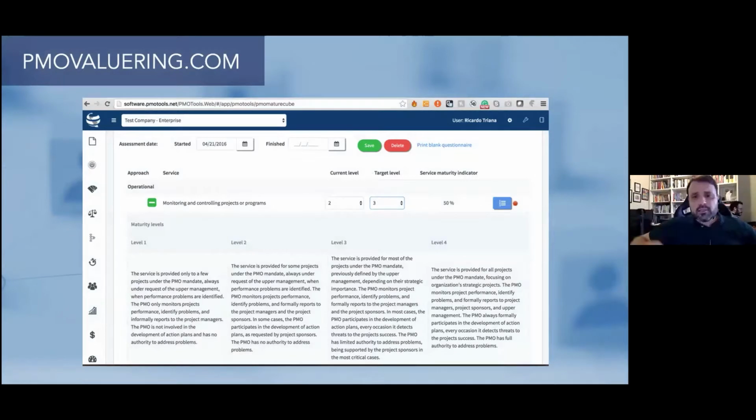This model is available for free if you want. It's available at pmovaluering.com. So it's step number 6, okay? Step number 6, you have to create a new PMO. You can do it by yourself.